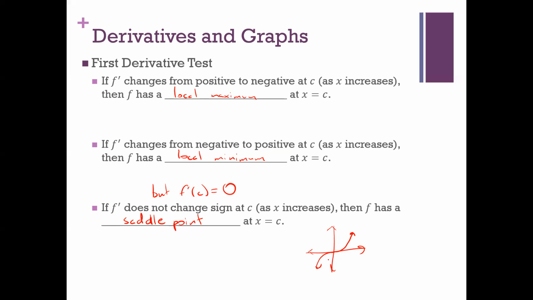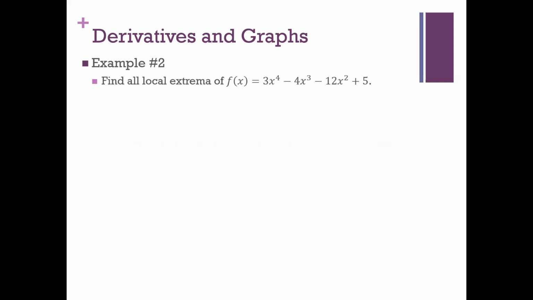Anything new here? I was hoping this would just be a way to consolidate things we've already been doing, but any questions here? Okay. All right, let's find all the local extrema on this thing. What do we need to do?